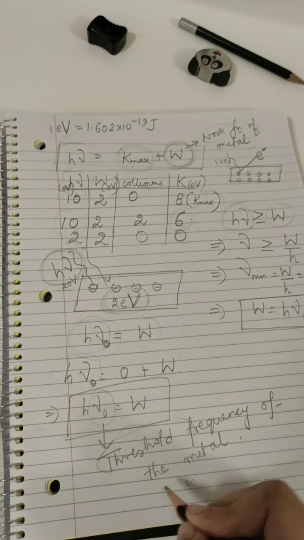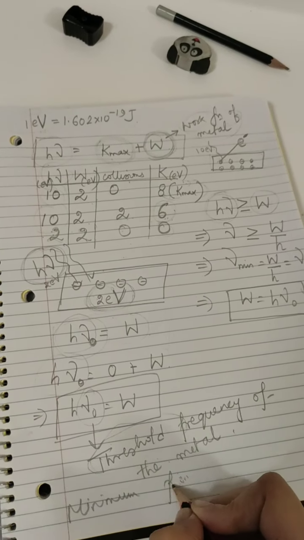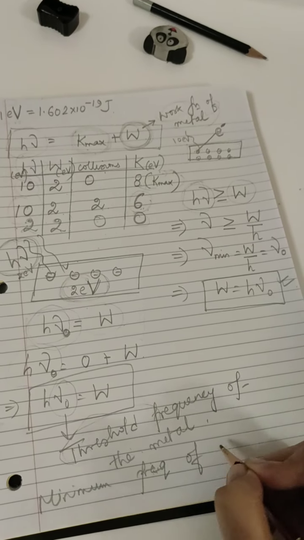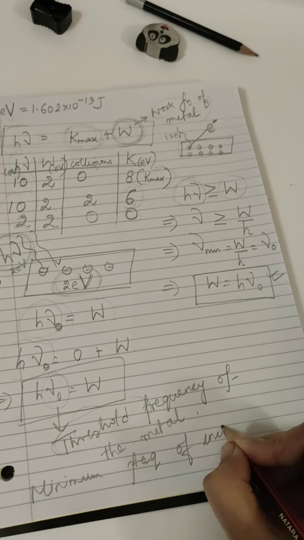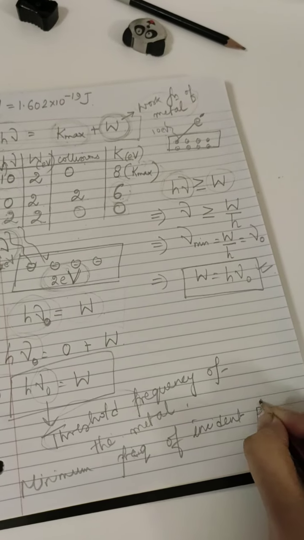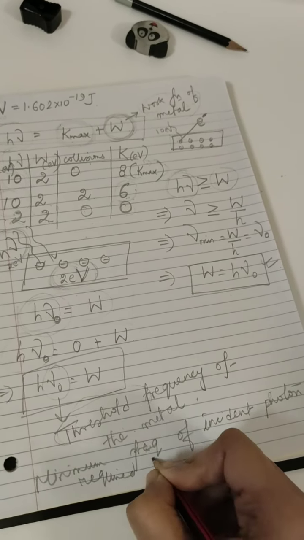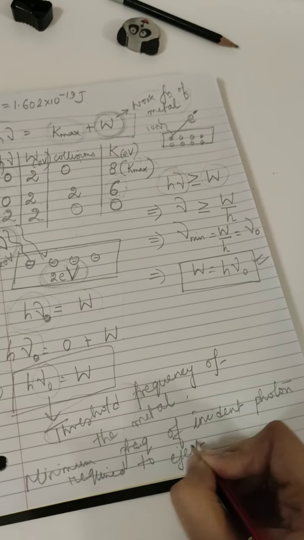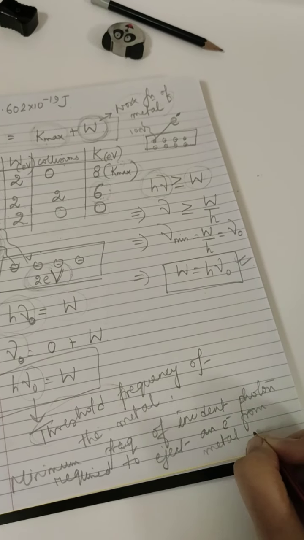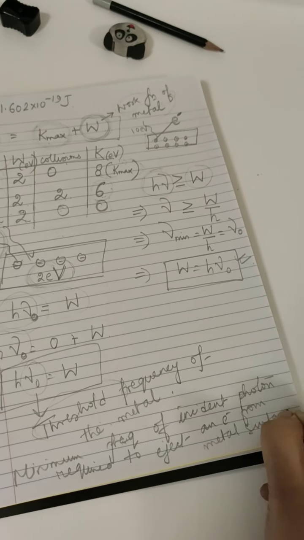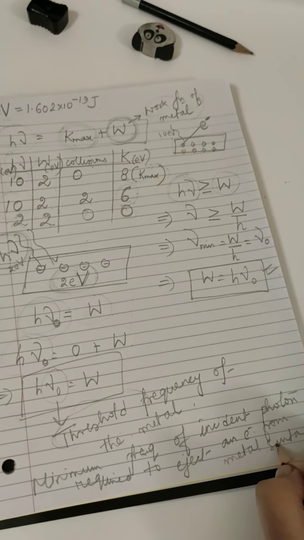Minimum frequency of incident photon required to eject an electron from the metal surface, or minimum frequency of incident radiation required for photoelectric emission.